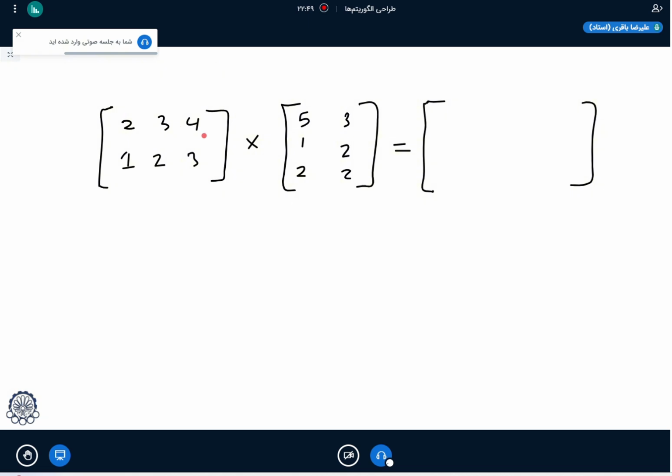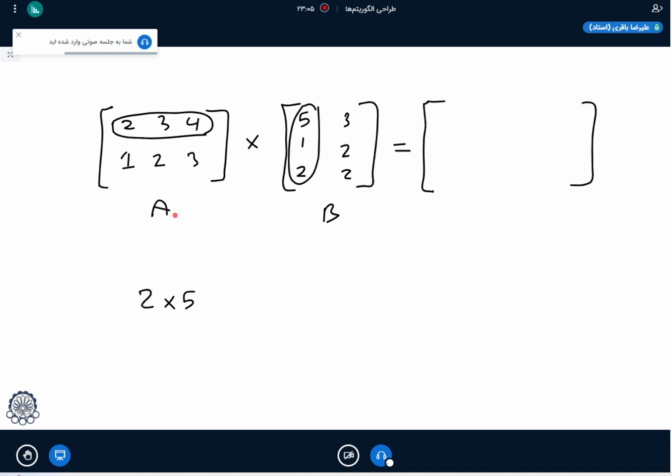For computing the result of this multiplication, we multiply the first row of A with the first column of B one by one.